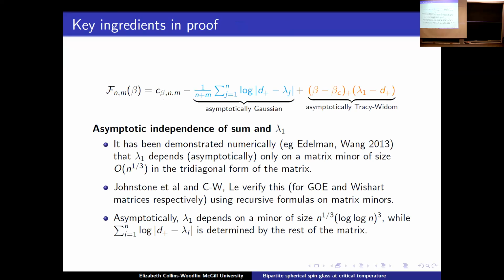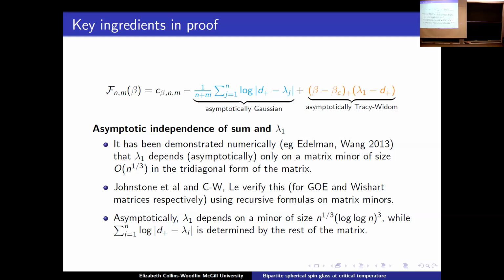So it's going to be easier to show that I can get the largest eigenvalue from a bigger corner, but then I've got less to work with for my sum, and that part becomes harder. So it's sort of balanced. Yeah, so this ended up being a nice scaling where the two things could both be proved.